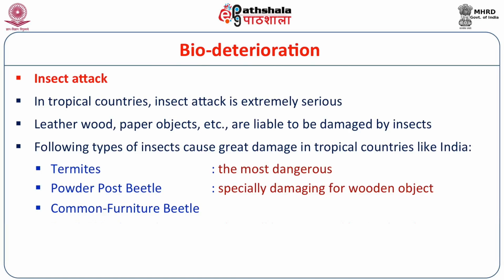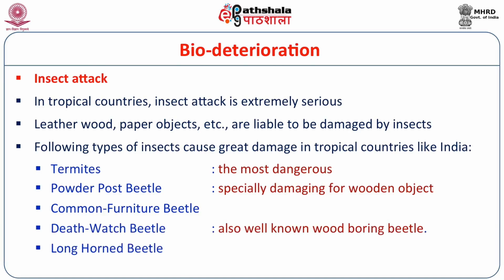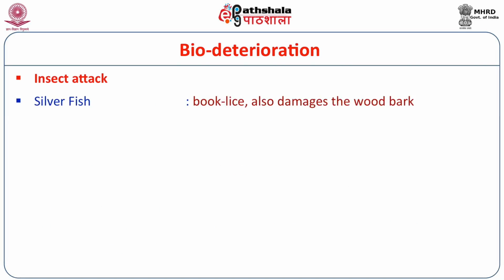Deathwatch beetle and other wood boring beetles are of a serious type which cause serious damage to our cultural property. Longhorn beetle is also another important type of insect which affects wood, cane, basketry, grass, etc. Silverfish: we often find this insect in our manuscripts, paper manuscripts, books, etc.